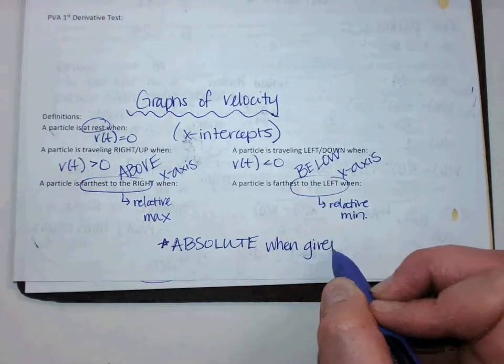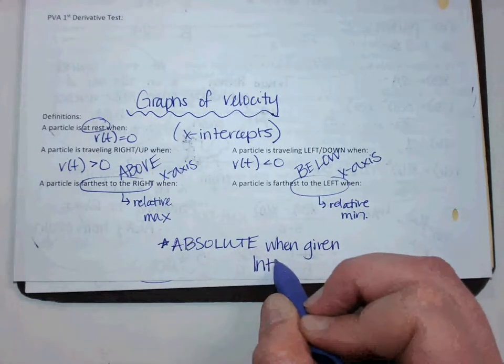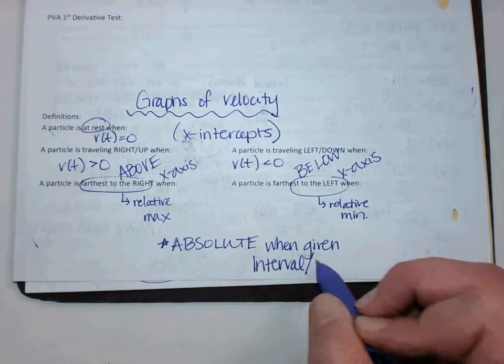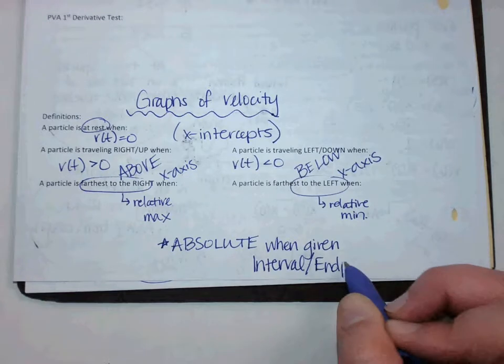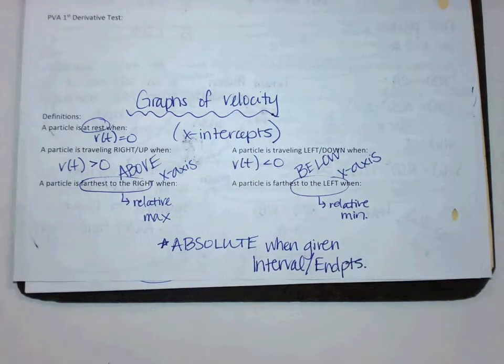So I'm going to put here absolute when given an interval or endpoints. So if you know the time that you're looking at, you can cut your graph off and call it absolute. But if you don't know, you'd just be finding relatives.